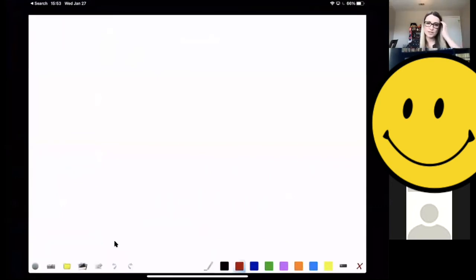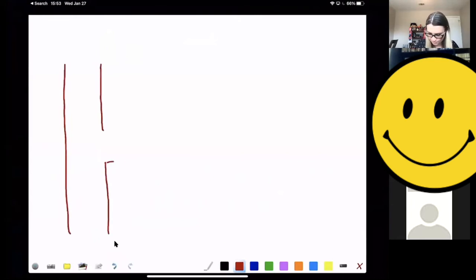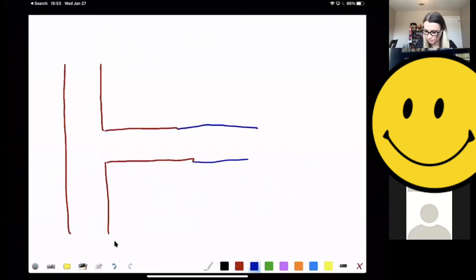Okay, so I'm gonna draw kind of a simplified version here of this. So here's our arteriole and metarteriole, and then thoroughfare channel. And actually think about this as a true capillary.